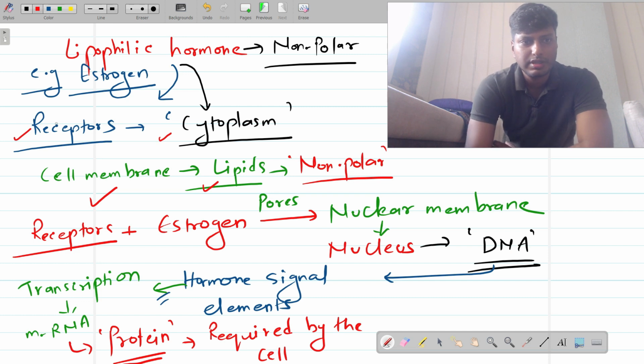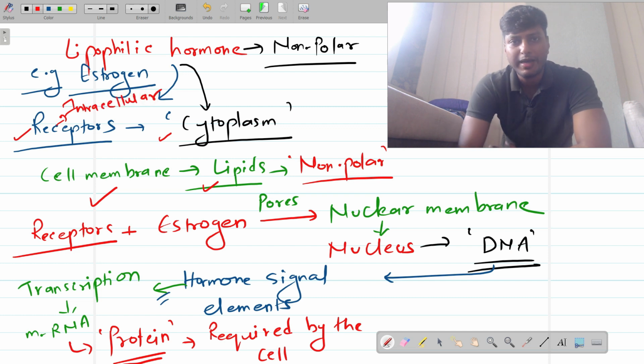These receptors are basically intracellular receptors. Why? Because they are present inside the cytoplasm. Now the receptor and the hormone will bind together and it will result in the formation of a complex. Such a complex of a receptor and a hormone is called a receptor hormone complex.